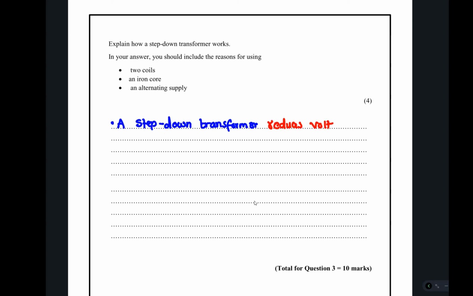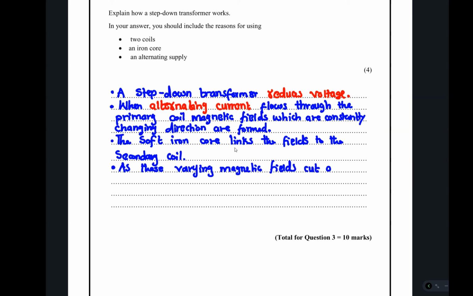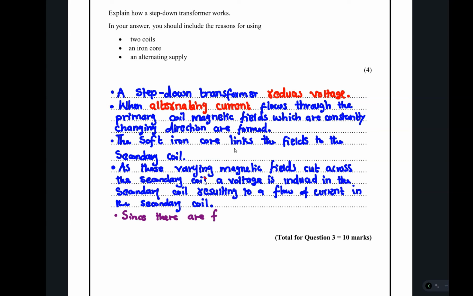As the varying magnetic fields cut across the secondary coil, a voltage is induced in the secondary coil, which results in the flow of a current in the secondary coil. So this is exactly what you are supposed to have stated in this particular question.